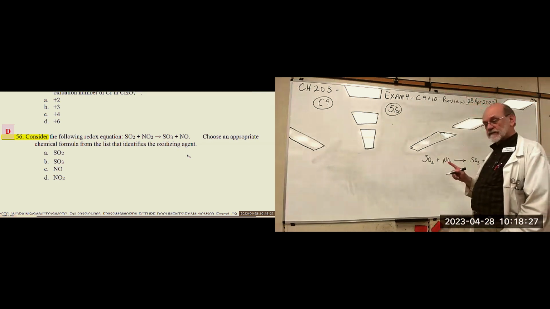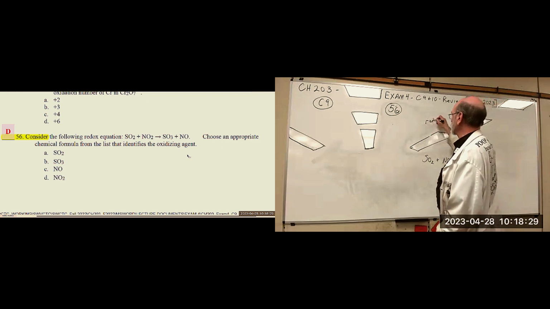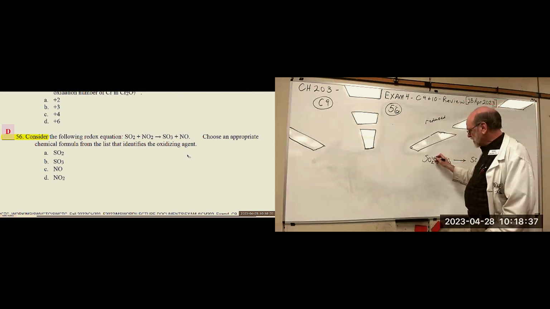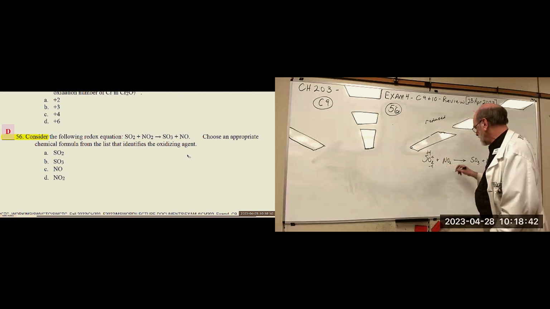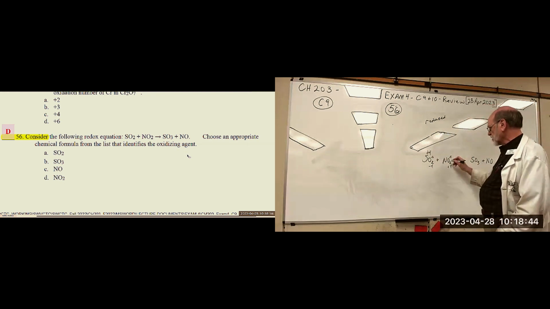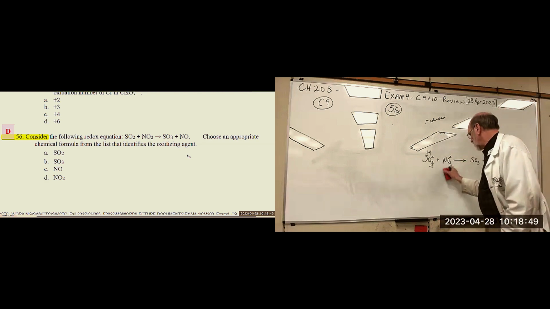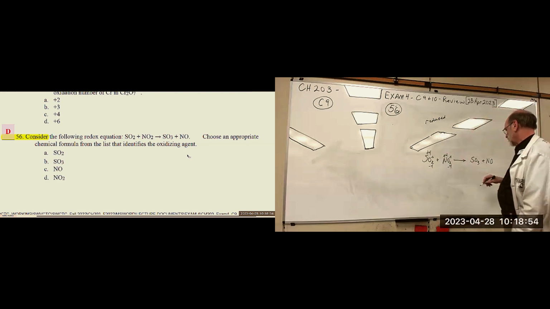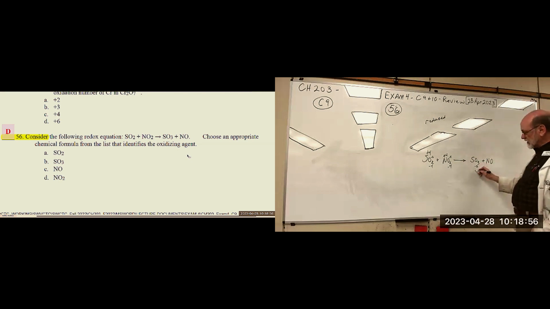Which one is reduced? So we want the one that is reduced. Okay. Let's start off here. -2 for oxygen. -4, so that means +4 here. -2 +4. -4. This nitrogen is also a +4. This is -2 times 3 is -6, so this is +6. And this is -2, that means this is +2.